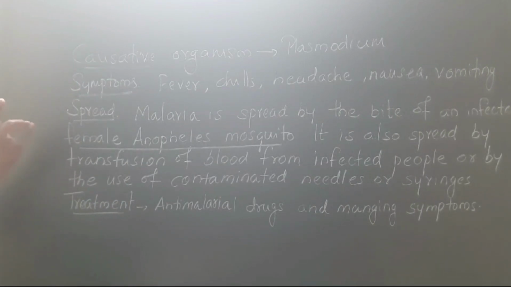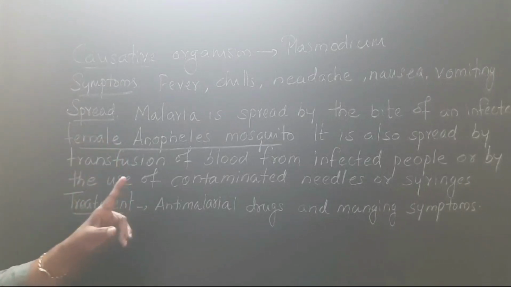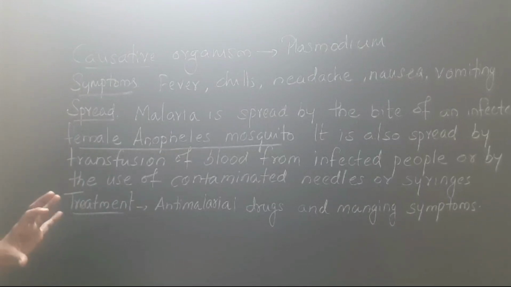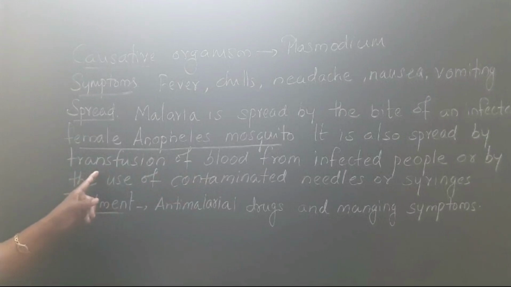Once again, malaria is spread by the bite of an infected female Anopheles mosquito. If that mosquito bites a person, there is a chance for the person to get malaria. It is also spread by transfusion of blood from an infected person to another person.